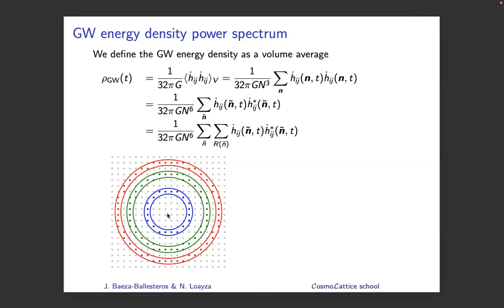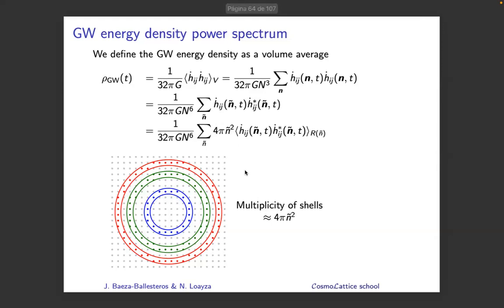One over momentum, let's call this the modulus of n. So we are taking circles or shells over the Fourier space. And then the other means a summation over all points that are within this shell. For example, the blue one here, the green one here, or the red one here. So I just break my summation into adding over circles and then adding over points lying in the circle.